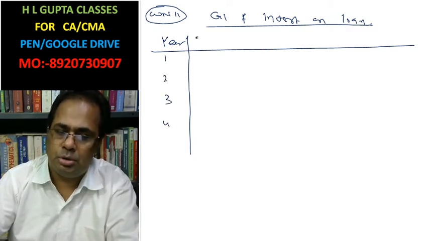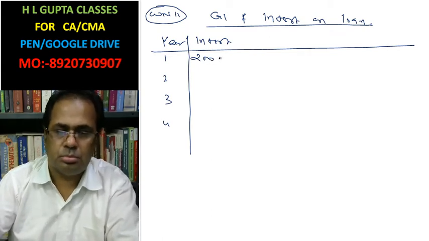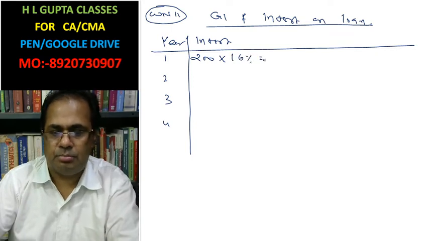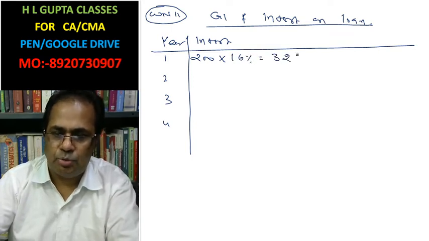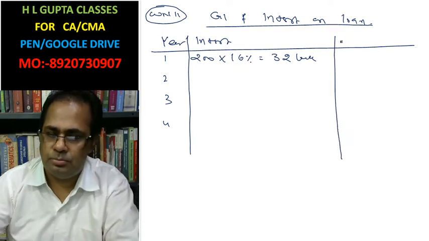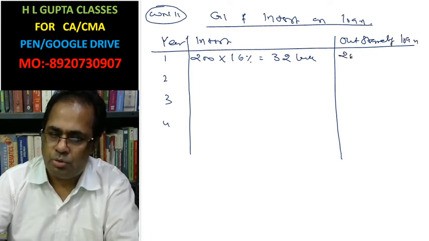Interest: 200 into 16%, that is 32 lakh. Outstanding loan: out of 200 lakh, you are going to pay 50 lakh. So this is 150.